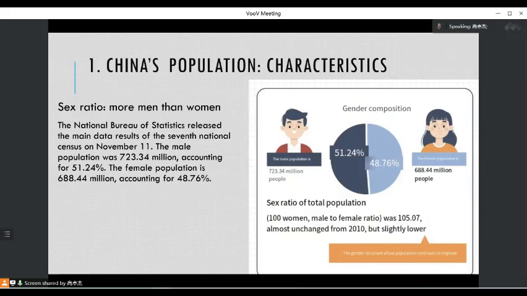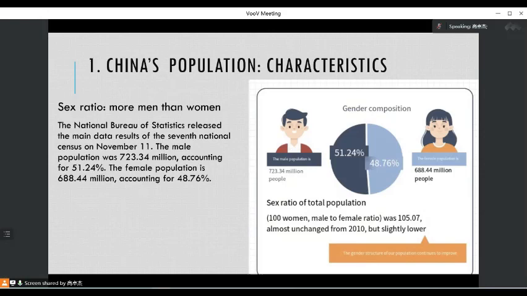But indeed, now many boys and girls in China don't want to marry. Although they marry, they don't want to have children because the burden is so heavy.